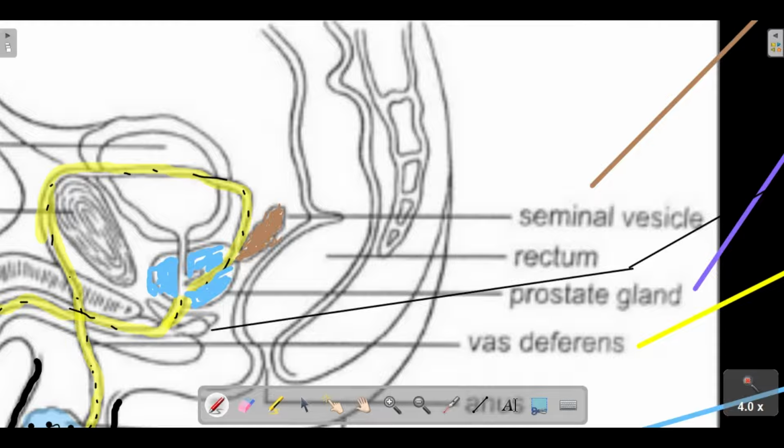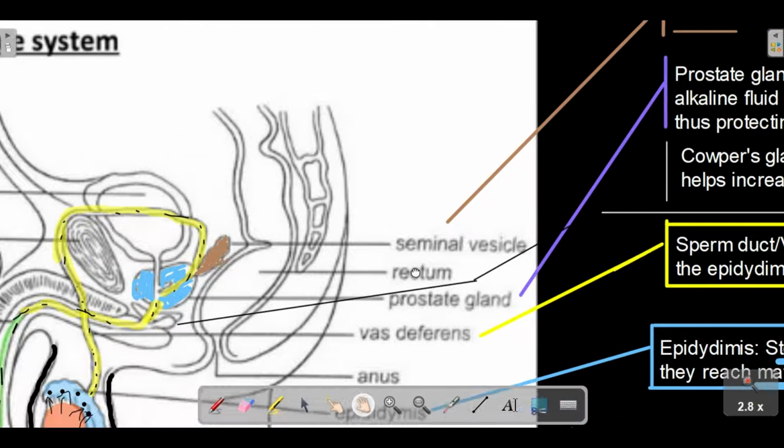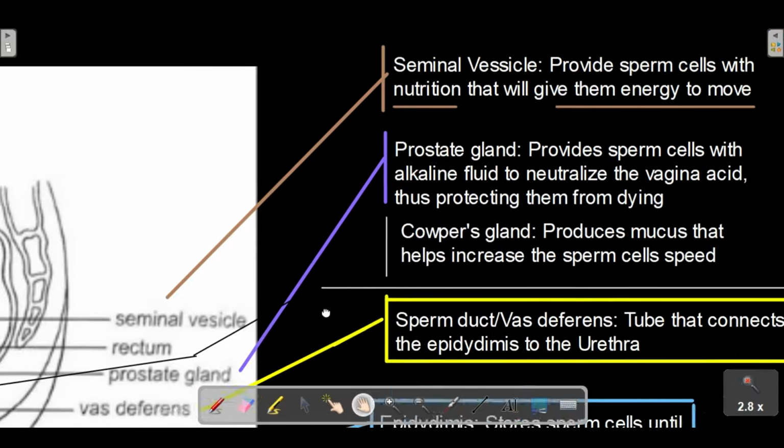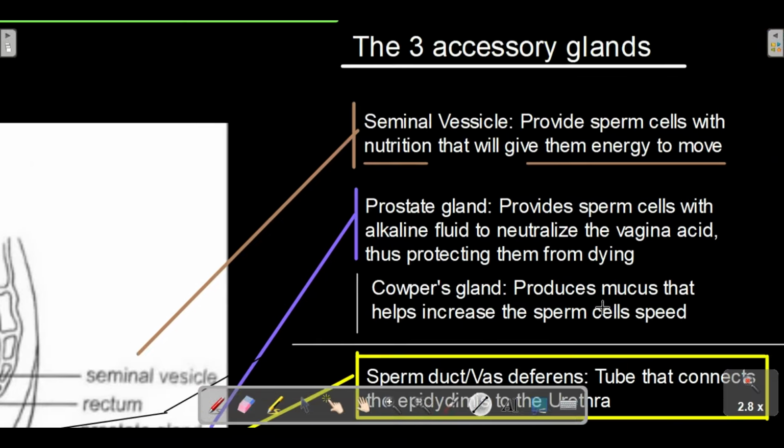It is the round structure that is usually in the background. So that is what we call the prostate gland. Make sure that you follow the path of the sperm cells. By following the path of the sperm cells, you will be able to identify all these structures. So the prostate gland's function really is to provide sperm cells with an alkaline fluid. Alkaline fluid. What is an alkaline fluid?